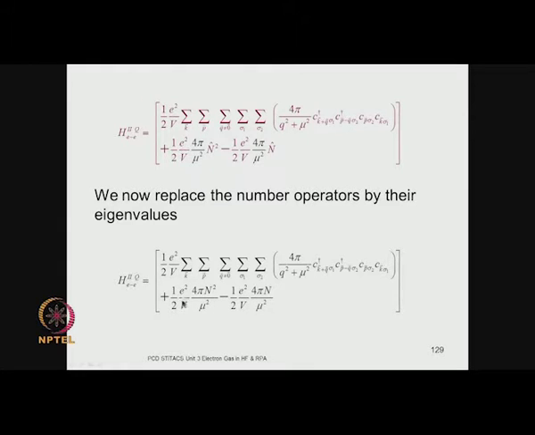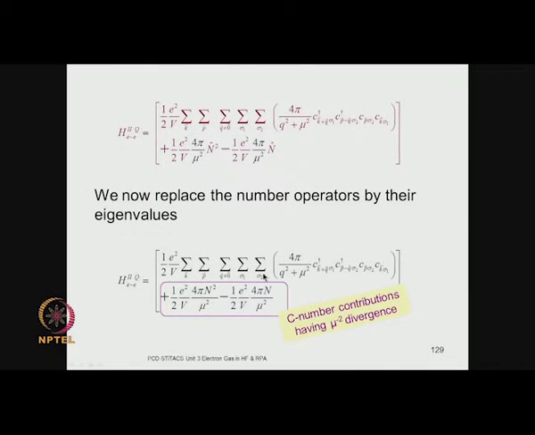Effectively, this is also an operator multiplied by the unit operator, but now we have anticipated the result that all the operations have been carried out. So, you have the N square term over here, minus, from the second term, you have minus half e square by V 4 pi N over mu square, but these N do not have that caret symbol on top which we had over here, because this and this are operators, whereas this and this are the eigenvalues. Okay, so, we have replaced the number operators by their respective eigenvalues.